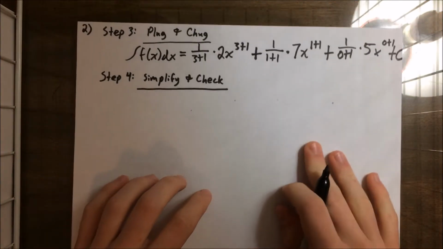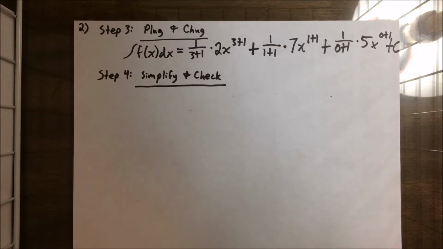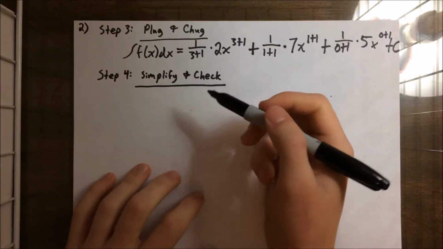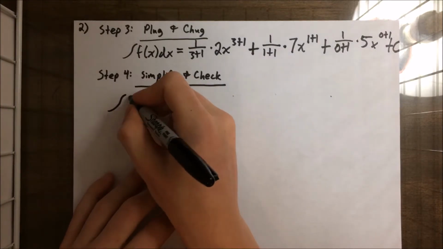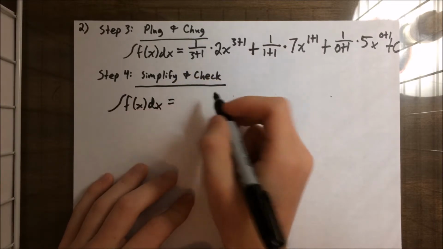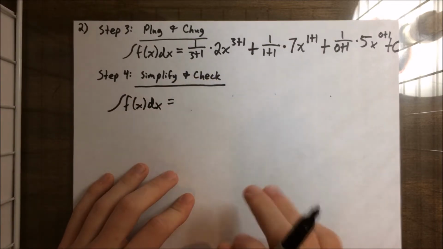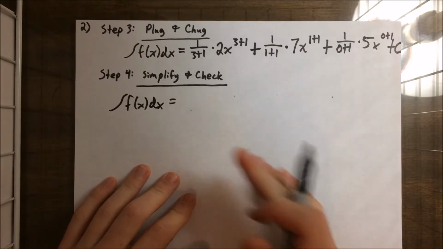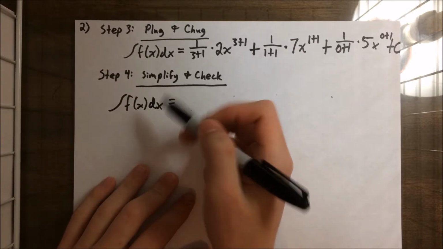Don't forget plus c. Okay, so now let's go on to the next step, which is to simplify and check. So the integral of f of x dx is equal to, I'm not going to bother writing the capital F. You don't need to. You can just continue writing this.